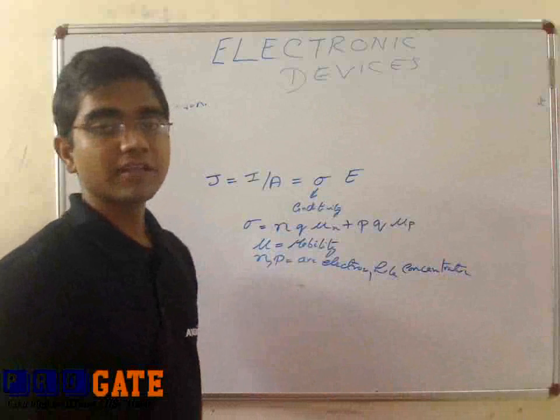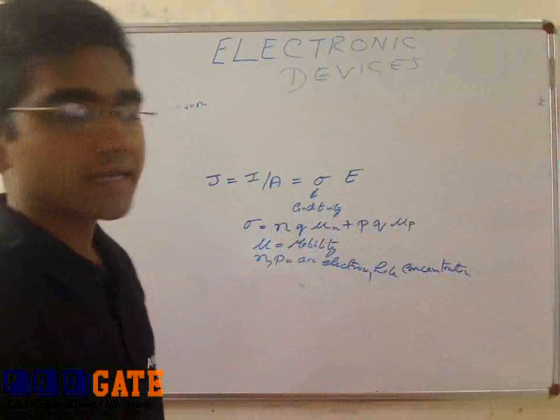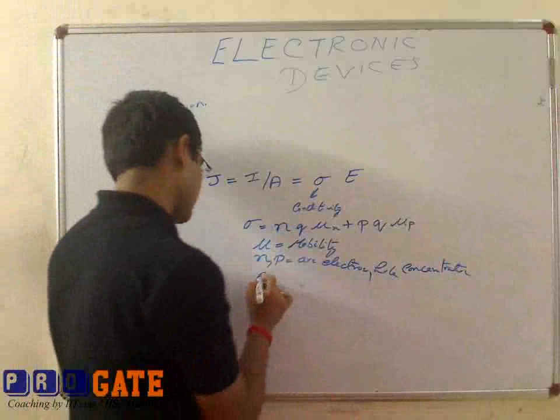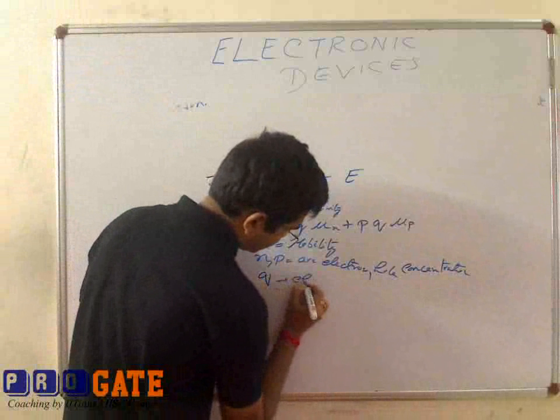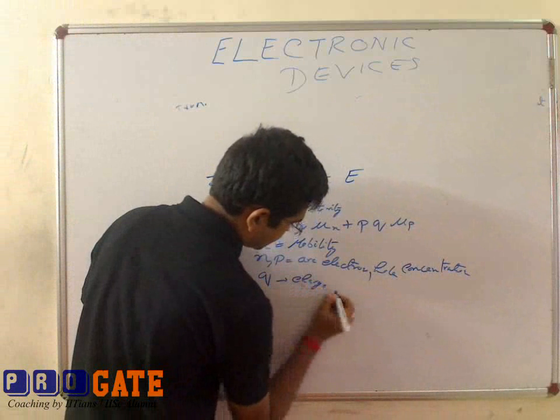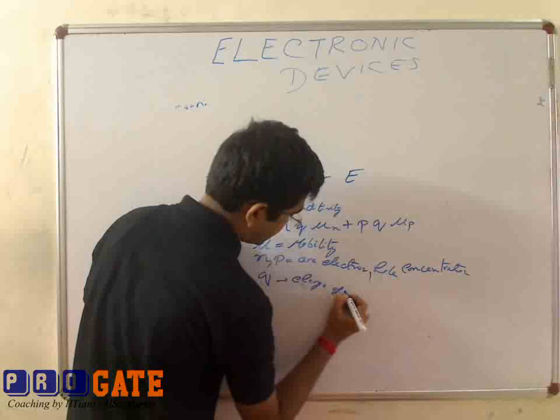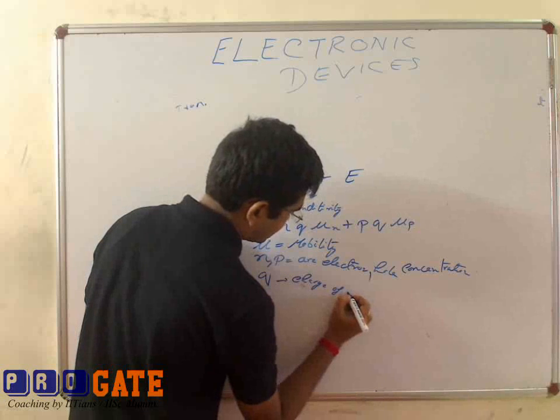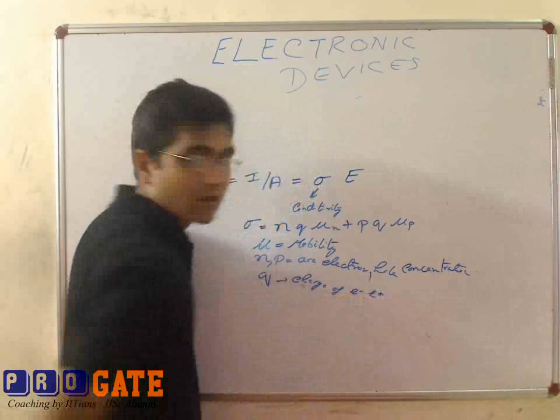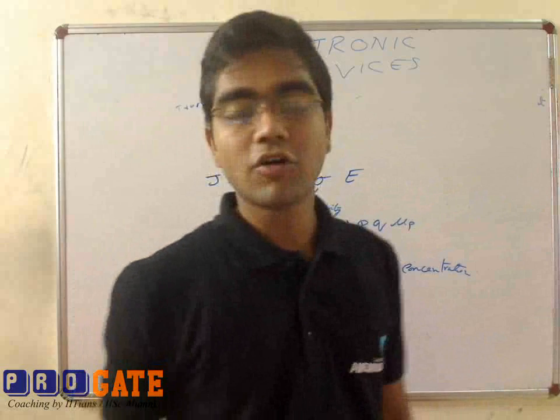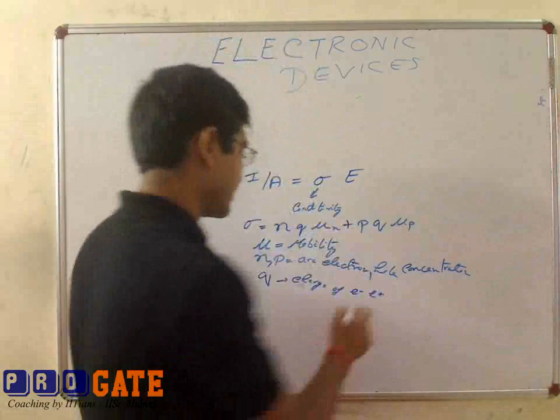The Q means the charge of the electrons and the hole. In either case, it's the same. Holes are sometimes written as H or as a positive point.